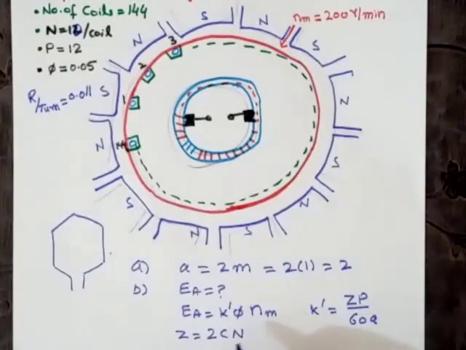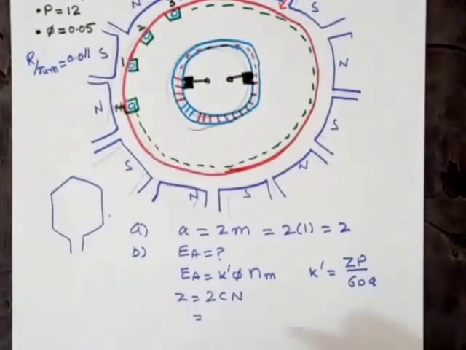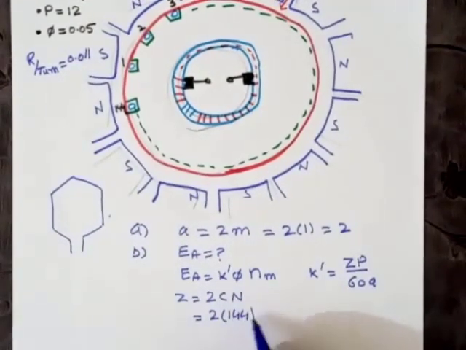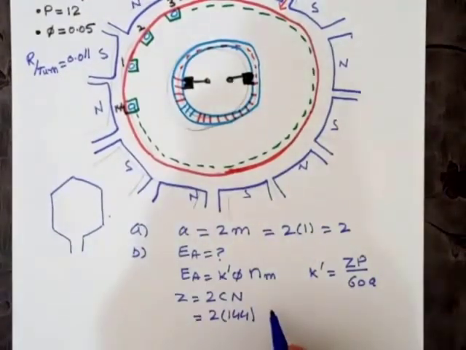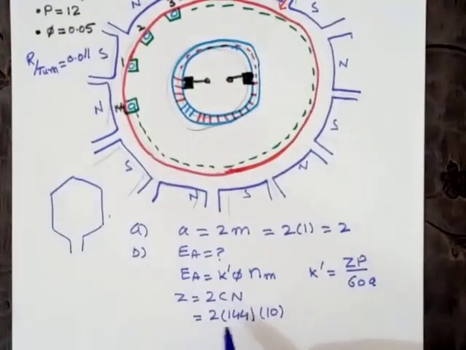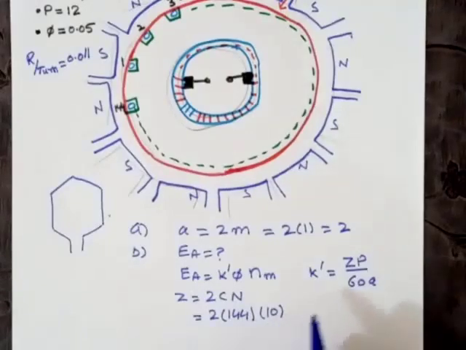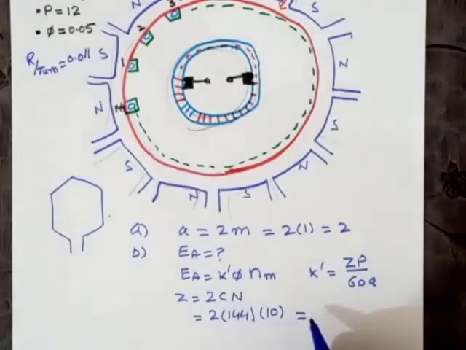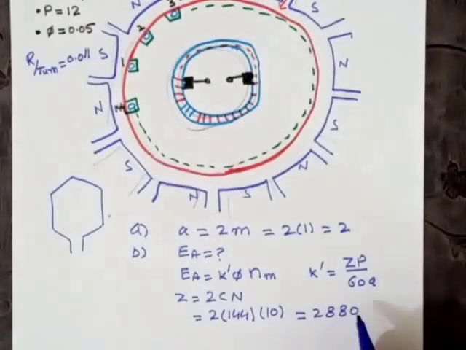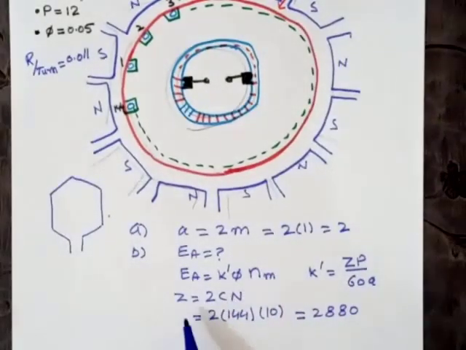Putting the values of C and N in this equation, we get Z equal to 2 times 144 times 10, which is 2880 conductors. That is, the total number of conductors is 2880.